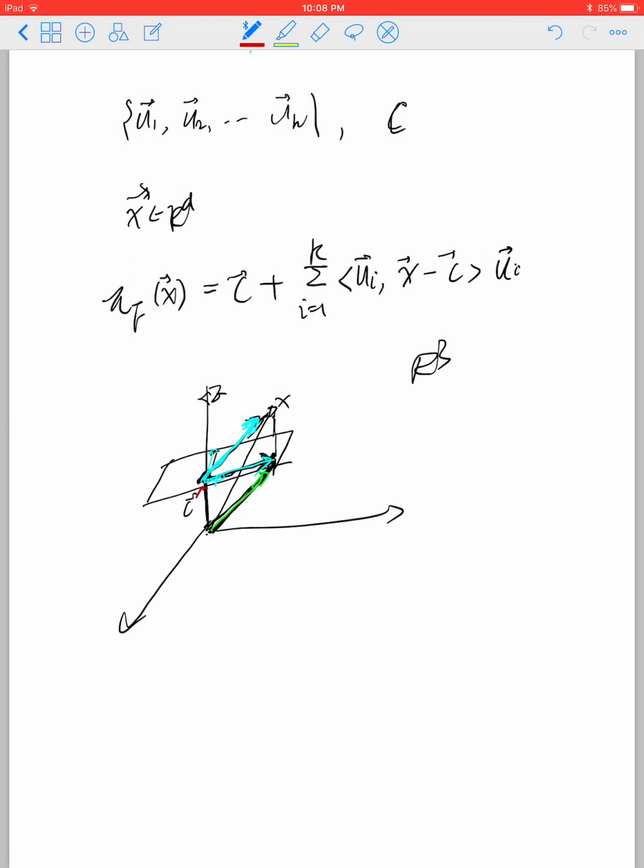And now you can use this definition to form SSE again, right? You just replace the projected vector with this definition, and you get a new objective.